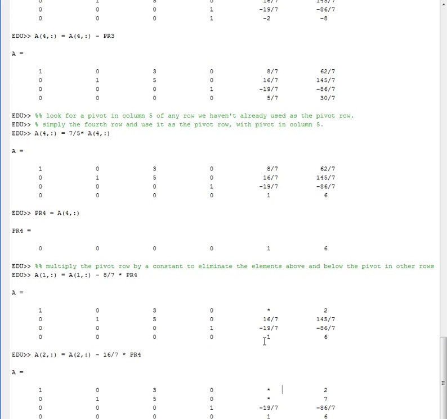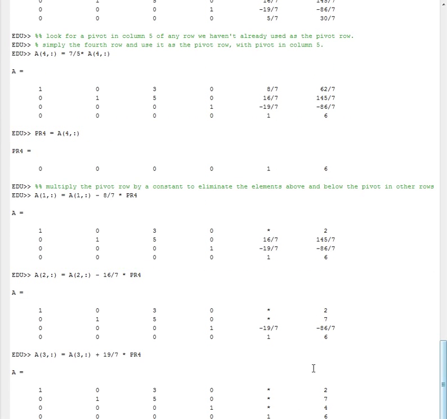And so we've multiplied the pivot row by 16/7 and subtracted that off of the second row, and we get a nice whole number over here. And finally, the third row, I'm going to multiply pivot row by 19 over 7, add it to the third row, get a 0 here, and a nice integer on the right.